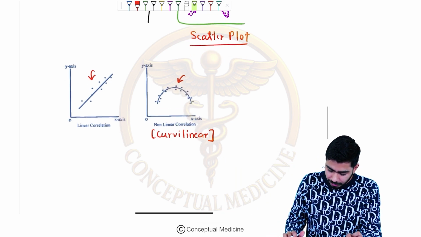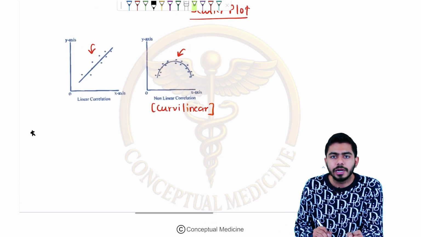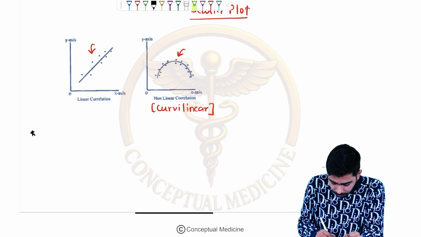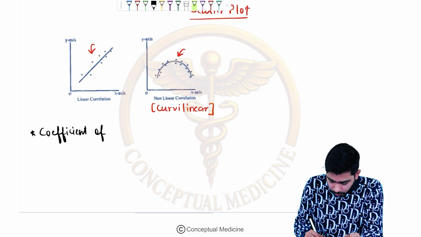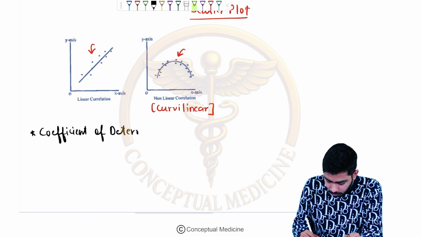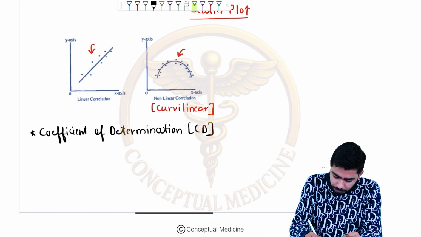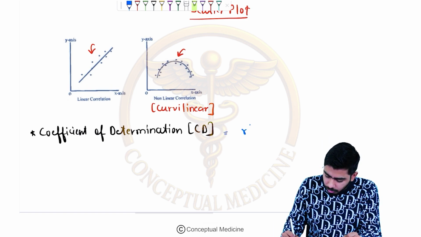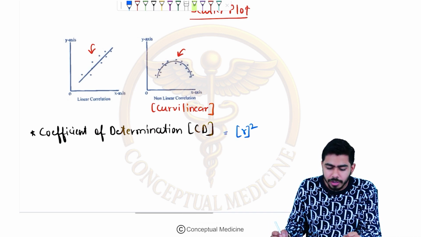Now after that we shall be talking about one more concept over here, and that concept is the coefficient of determination. So what is coefficient of determination? It might be referred to as CD as abbreviation over here, and simply it is just the square of the correlation coefficient, that is small r square, right?